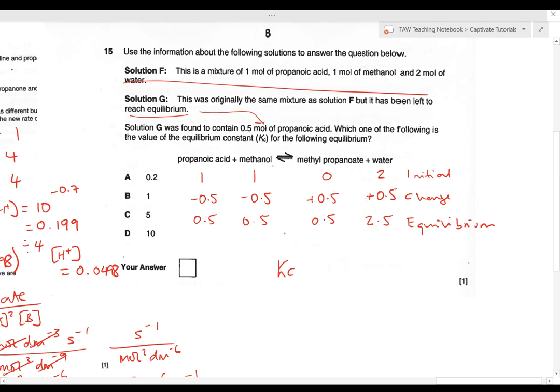So Kc here would be equal to 0.5 times 2.5, so that's the mole values of the products, over the mole values of the reactants, 0.5 times 0.5. So if we put that into a calculator, we get an answer of 5 for the Kc. So the correct answer here is C.